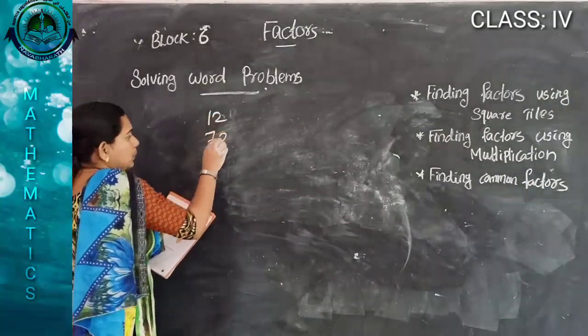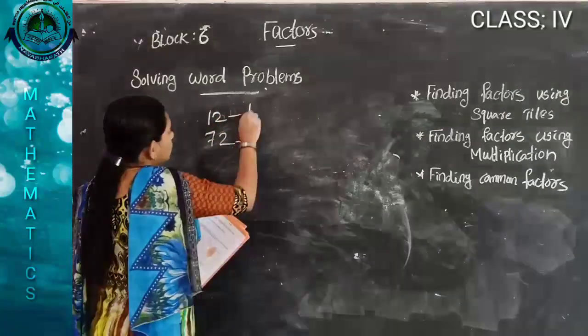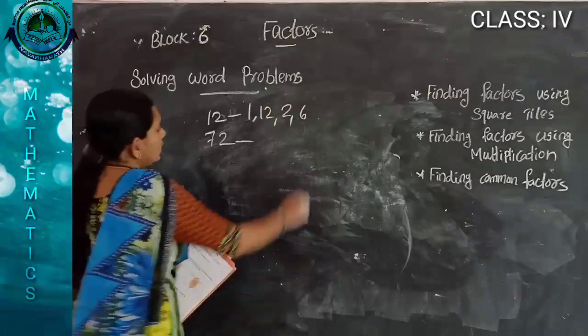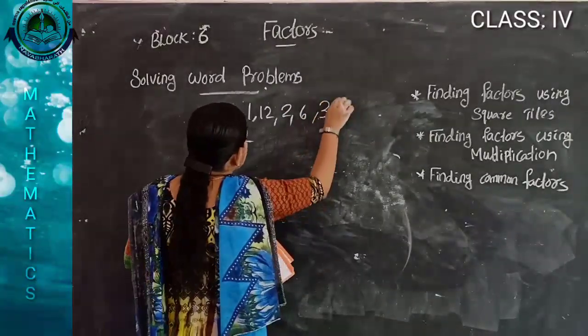And 72. 1, 12, 2, 6, 3, 4. These are the factors.